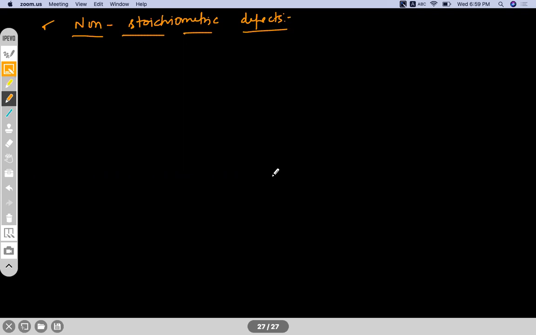It is also classified into various categories. Like I said, we have metal excess defect, which is possible in two different ways. One is you add metal ions in the crystal, so you have an excess of metal.